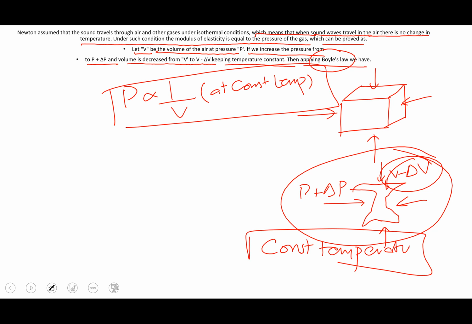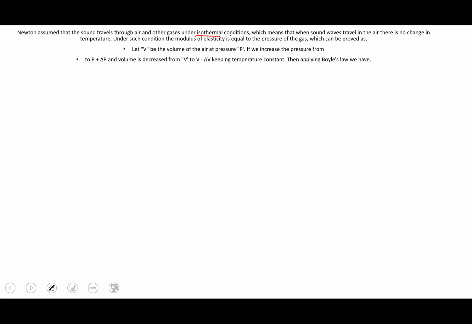We have to understand this important point, that Newton assumed that all of this was happening at isothermal condition. Now, in the equation of Boyle's law, PV is constant; if we increase the pressure, the volume will decrease.